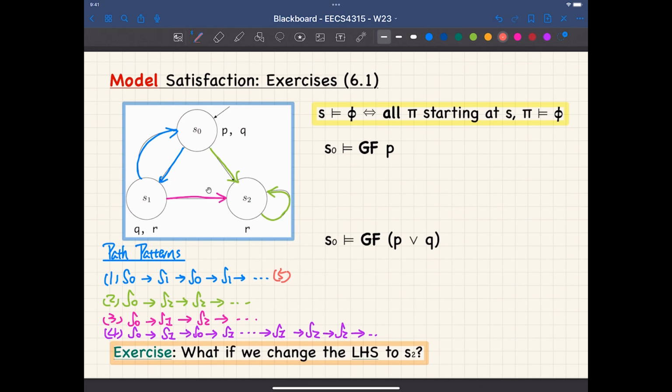Number 5: S0, and then S1, and then S0, and then S2. And then you actually get stuck, right? Similarly. Yeah, these are very similar. Of course, if you're given a different example diagram, then you might have something different, okay? But just the principle. All right.